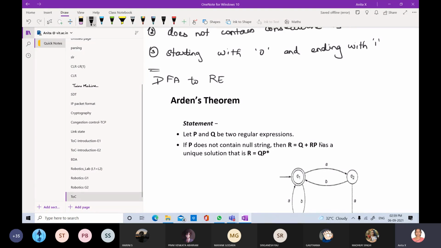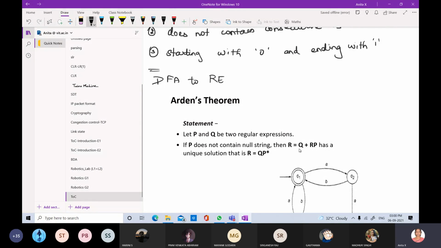Here, what we are going to try is to come up with an equation of this form. If I am getting an equation of this format, then that equation will have only one solution. So please make a note. From this deterministic finite automata, we will be trying to derive this equation.